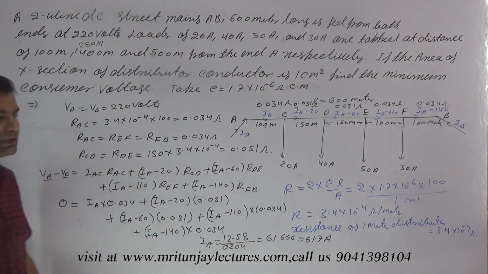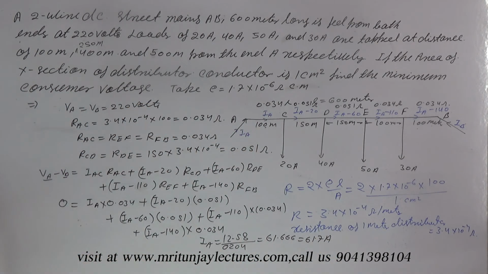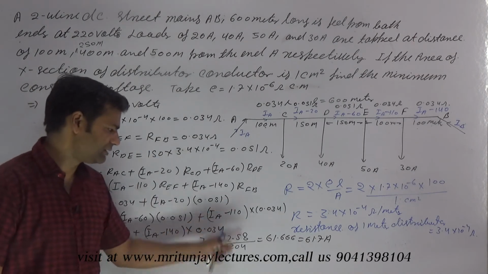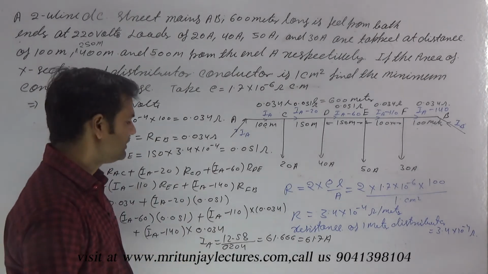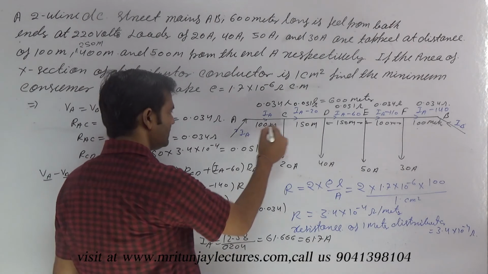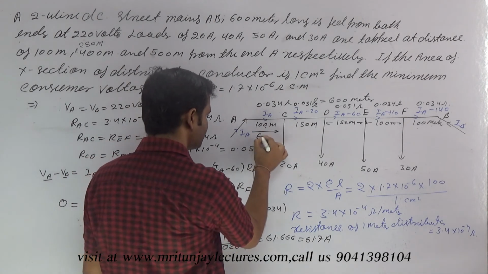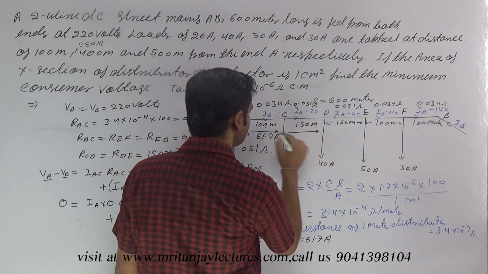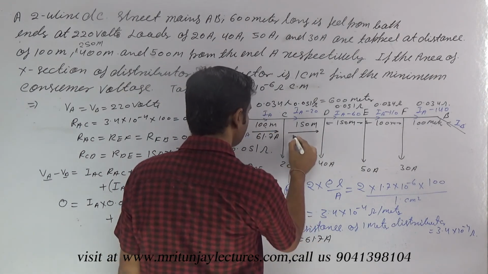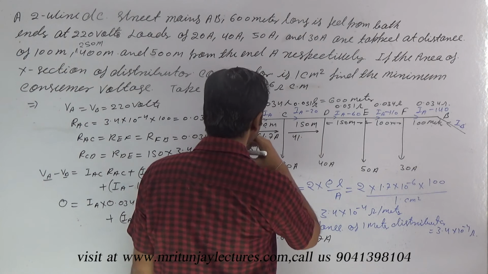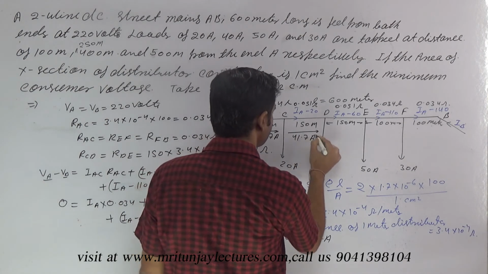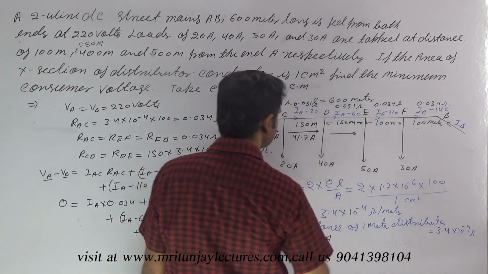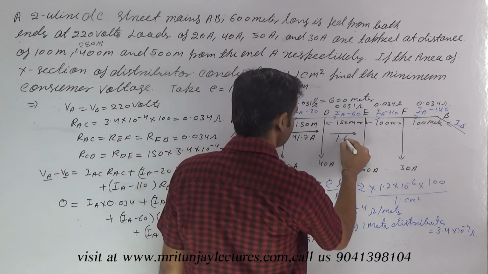I have already solved it, that's why I wrote it directly. So we got IA. After that, what about the direction of current? Here that is 41.7 ampere, and this one is 1.7 ampere.